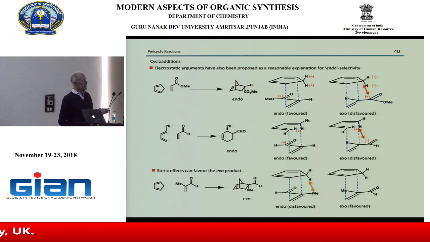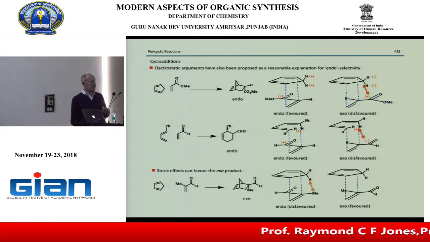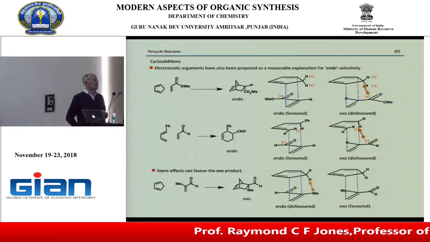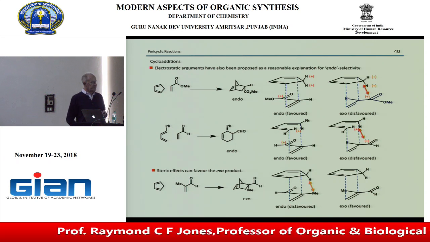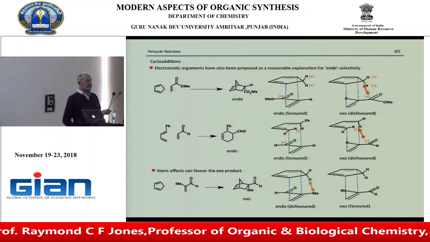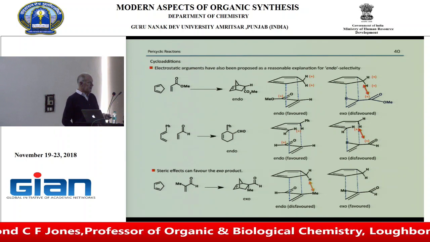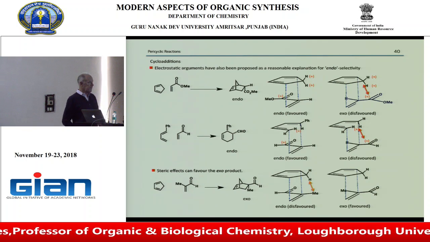If you've got an open diene and a single substituent on the dienophile, then almost always the endo will be the favoured outcome. But if it isn't, at least we can start to explain it by arguments like that.